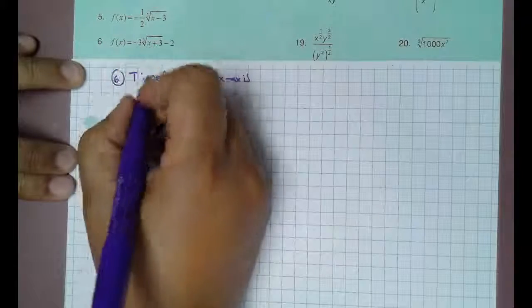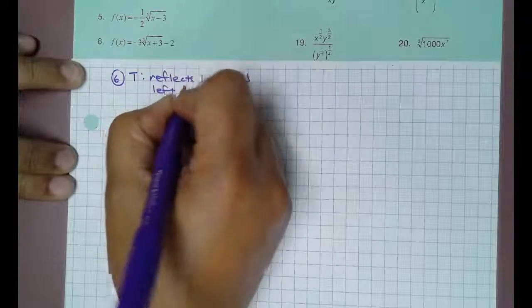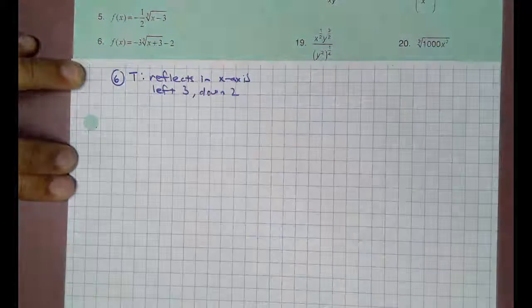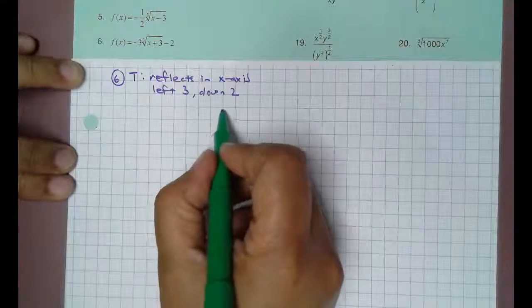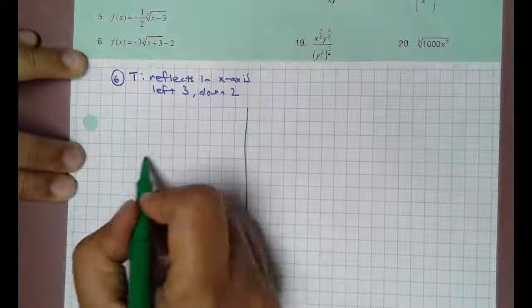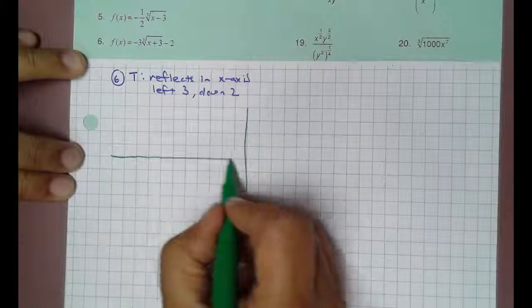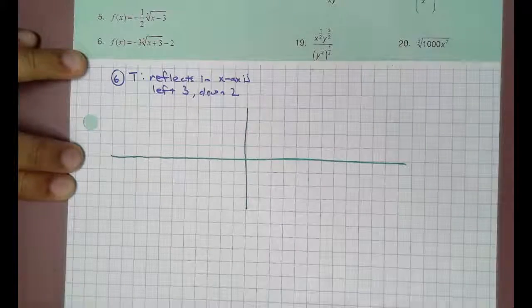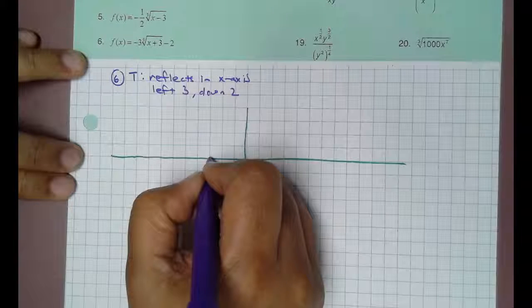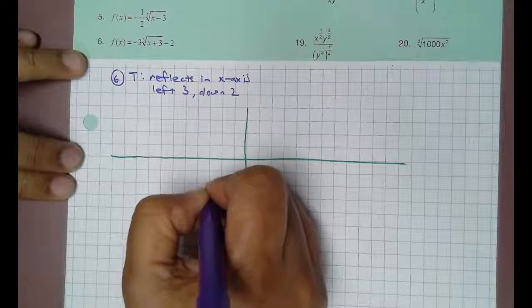The plus 3 makes it go to the left 3, and the minus 2 makes it go down 2. All right. So we're going to go left 3, 1, 2, 3, and down 2, 1, 2.